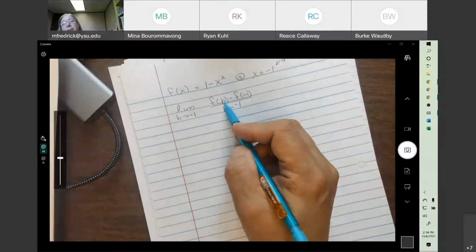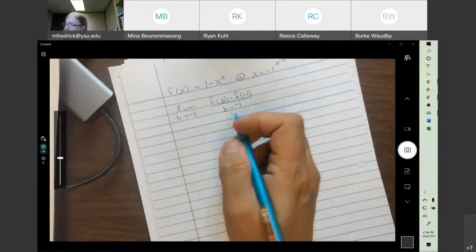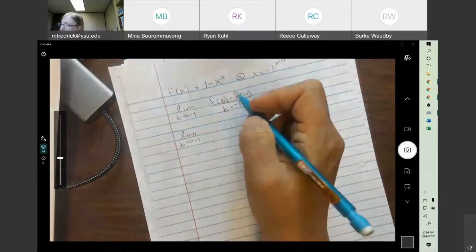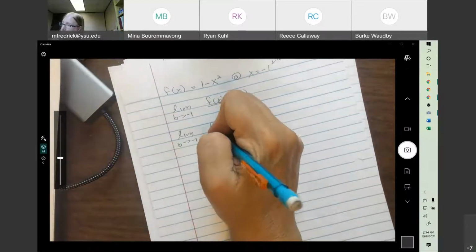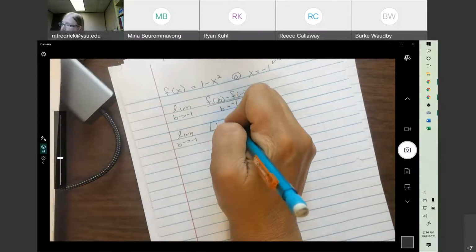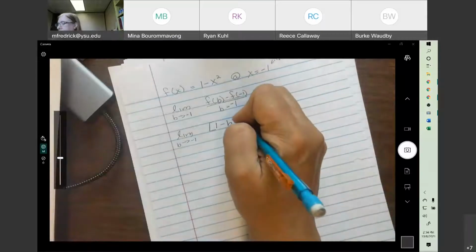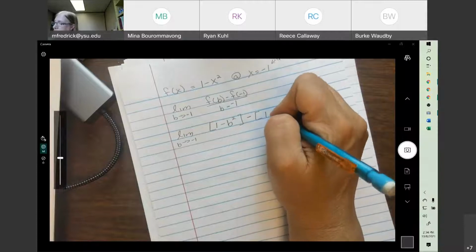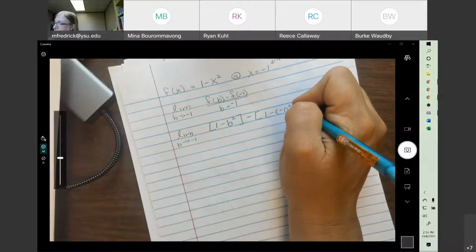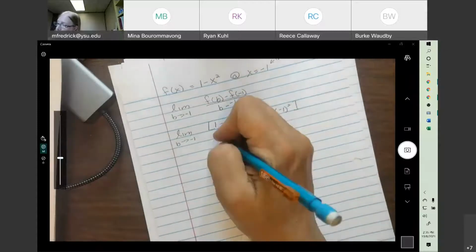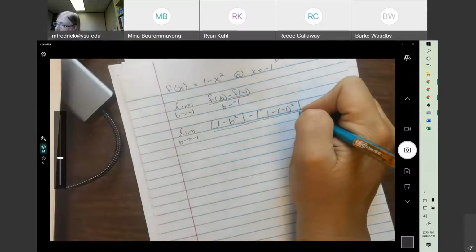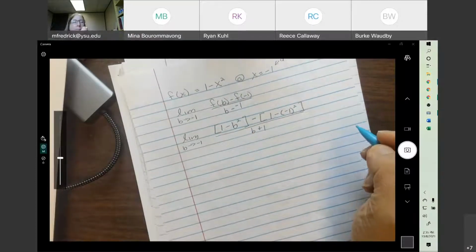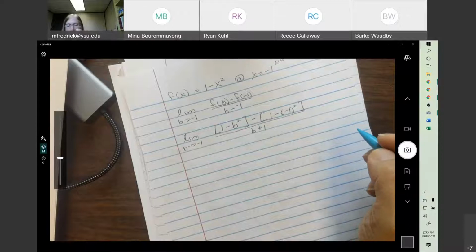So I'm going to plug in b, and then I'm going to plug in negative 1. f of b would be 1 minus b squared, minus f of negative 1, which is 1 minus negative 1 squared, all over b plus 1. Any questions so far?